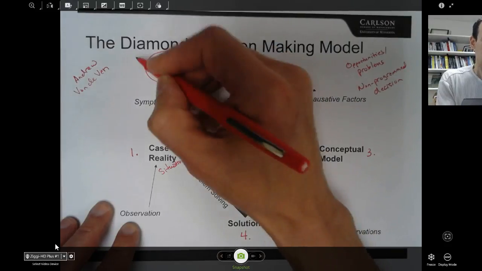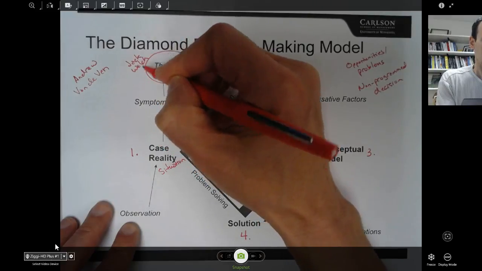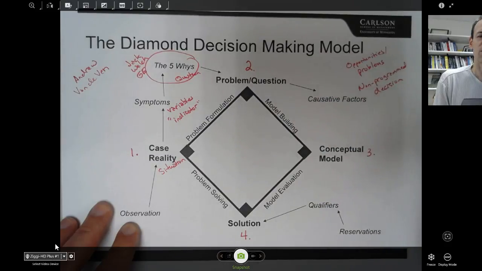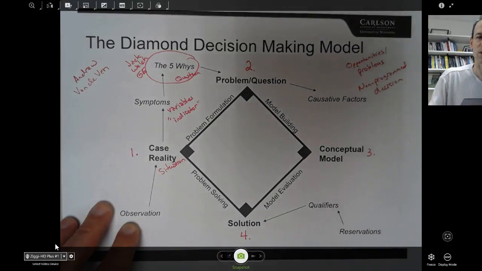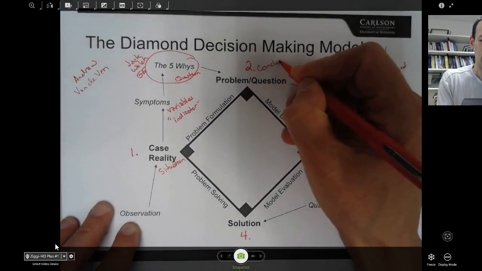Well, Jack Welch, the former CEO of General Electric, came up with this concept called the 5 whys. And the idea of the 5 whys is asking layers of questions in order to delve down to what the core root or conclusion is that we should be reaching in association with the situation that we're evaluating.